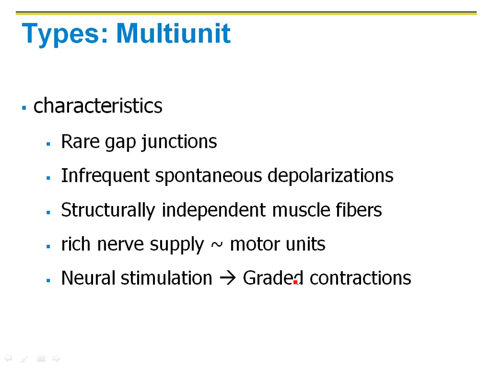They have a lot of nerve supply. They can behave in a graded response way. And they can even contract individually, independently. So, multi-unit acts like skeletal. Single unit is traditional smooth muscle.